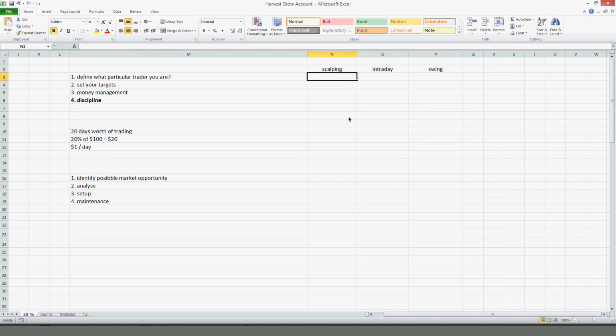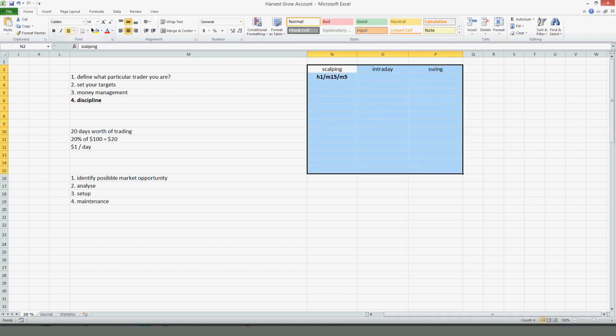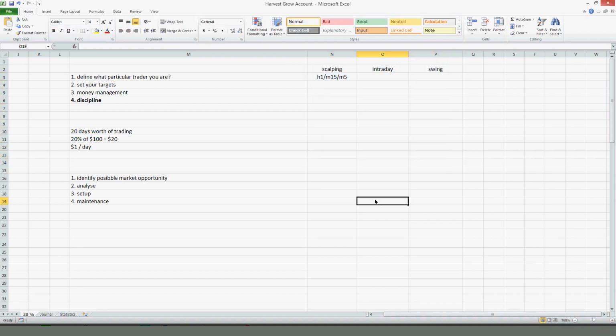If you are a scalper, you need to make sure that you are doing your scalping on the right time frame. If I was doing scalping, I would probably look at H1, M15, and M5.